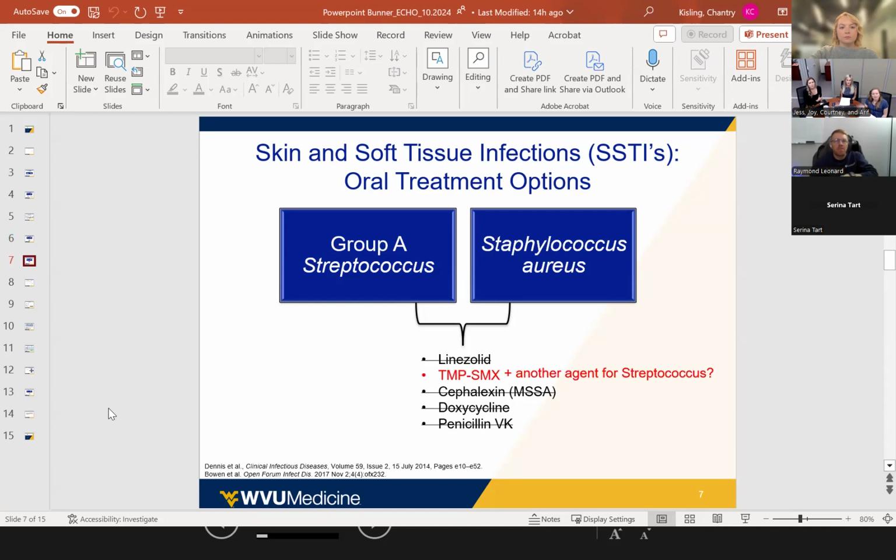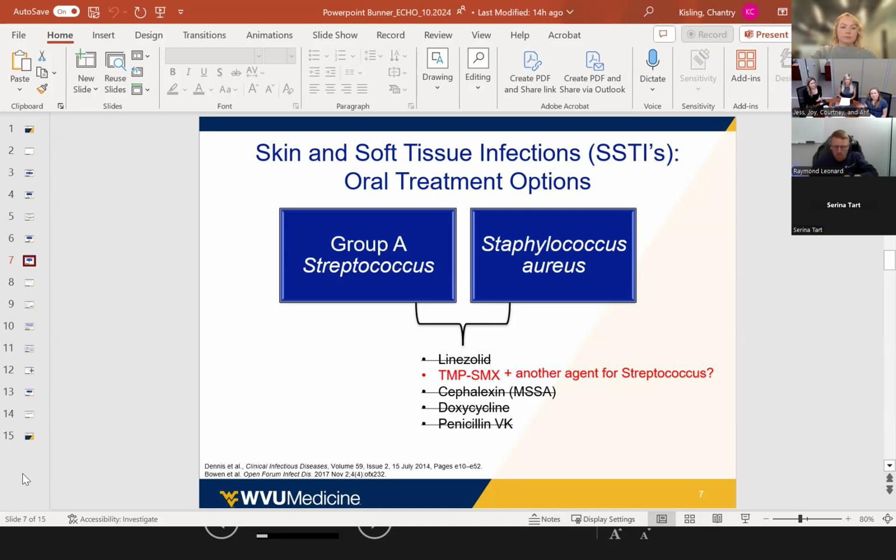But if we have a patient that is unable to take linezolid for whatever reason, being that they might have significant drug interactions with multiple serotonergic agents on board, that rules out that option, or they might have a severe beta-lactam allergy, then there's really not another good option besides clindamycin, but sometimes we try to avoid that as well.